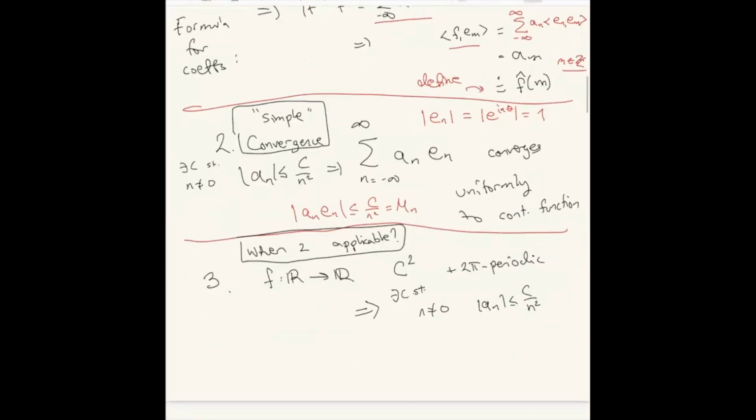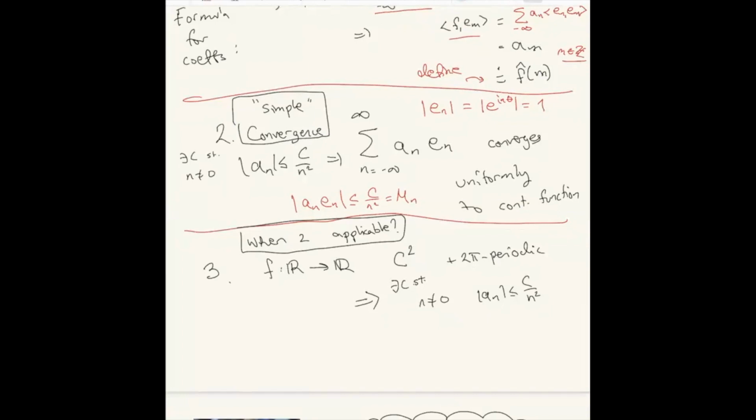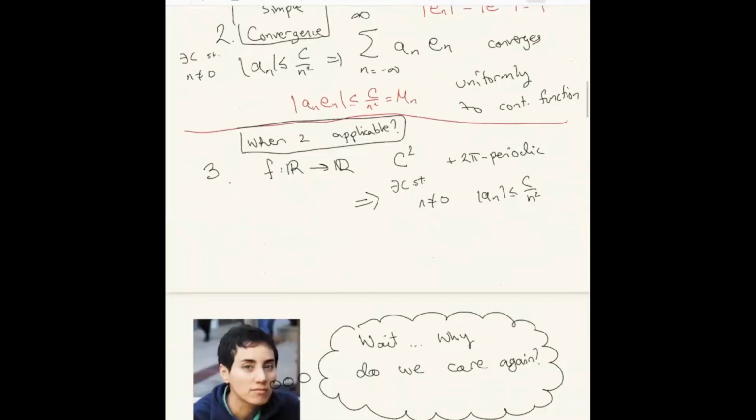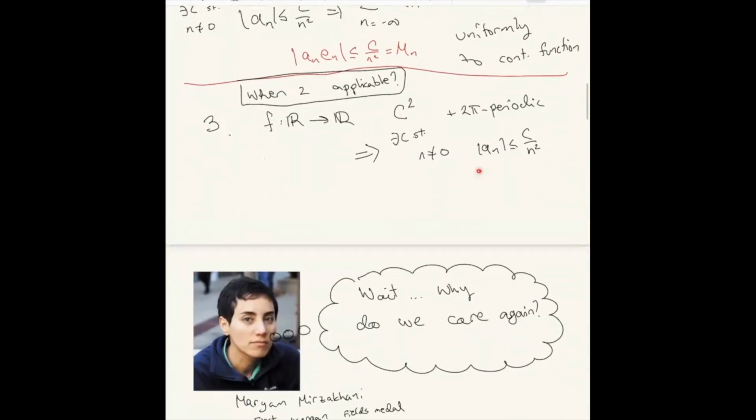Okay, so if we have such a condition, then we get uniform convergence. And that's part 2 of this game. But then the third part is, when do you get that condition? And that's where the C2 condition comes in. If you get C2 and apply a trick of integration by parts, which I'll mention again later, then we get the coefficients decaying fast enough.